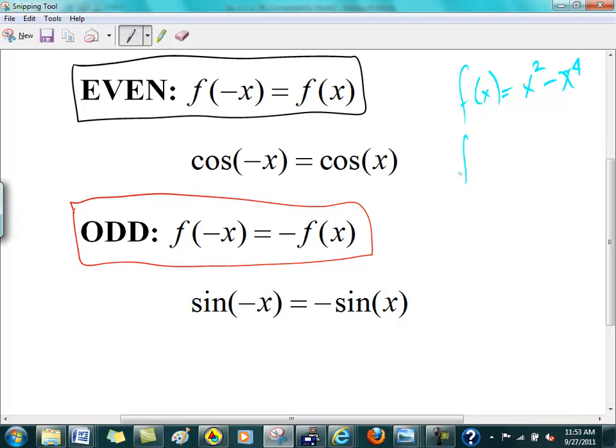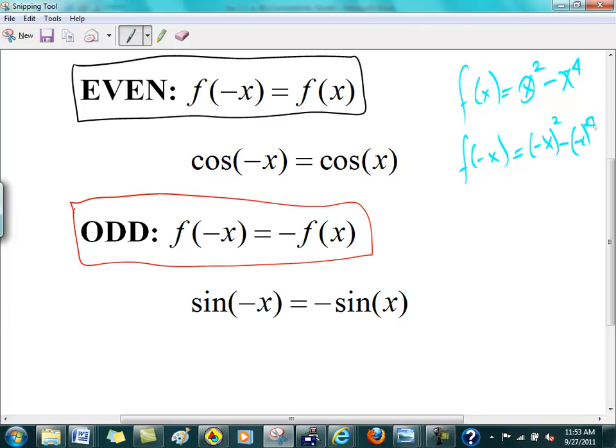You take f of minus x. That means wherever you see x, you put a minus x. But whenever you have negative signs, remember you want to use protection, otherwise you're going to screw yourself up. So that's negative x squared minus, and then again protection, a negative x to the 4.